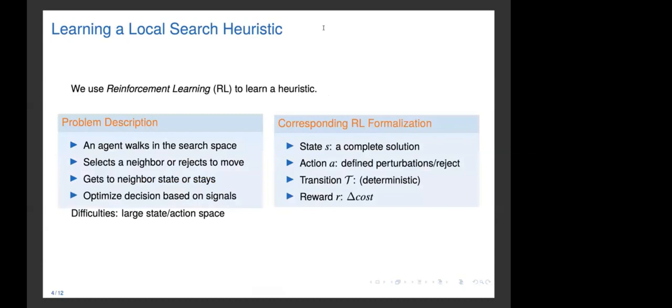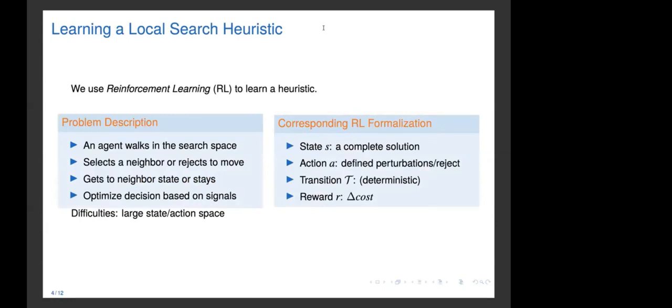Here is our problem description and also the corresponding reinforcement learning formalization. In our setting, there is an agent that walks in the search space. In RL, each state is a complete floor plan solution. The task of this agent is to select a neighbor or to reject to move. If it selects a neighbor, it will get to the new neighbor state.